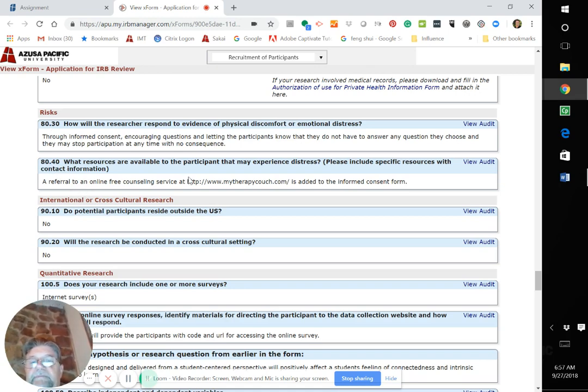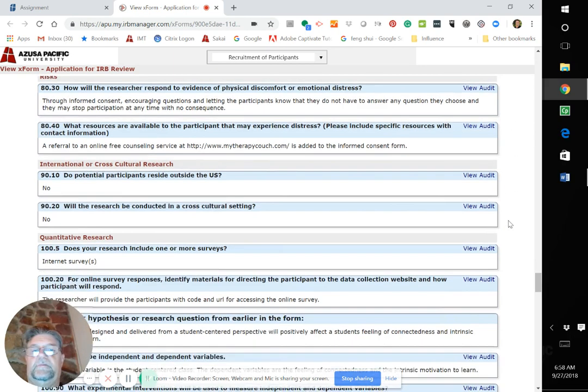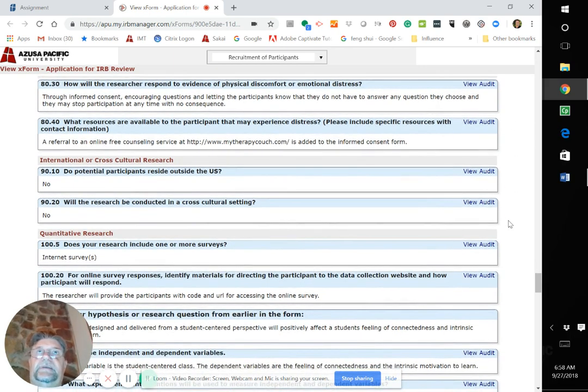And here we give them a resource, mytherapycouch.com, if there is any discomfort and they feel that they need to chat with someone about it, because you don't want to be the primary investigator and the person they come to, because that's a conflict of interest.